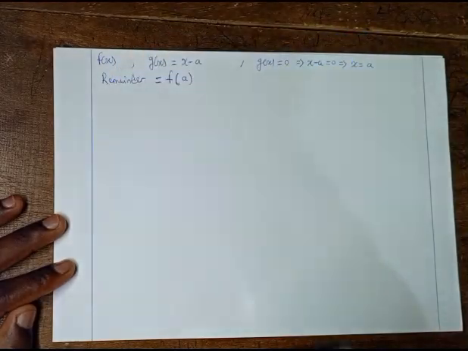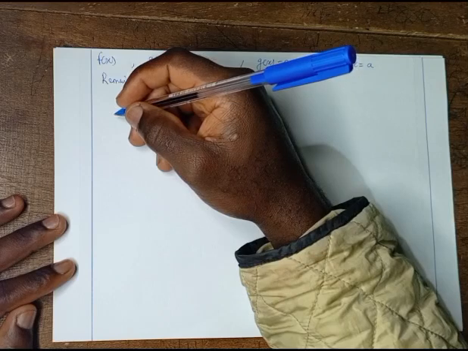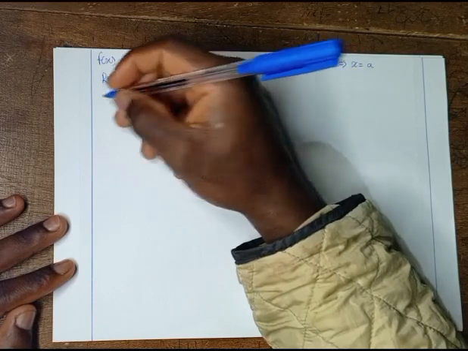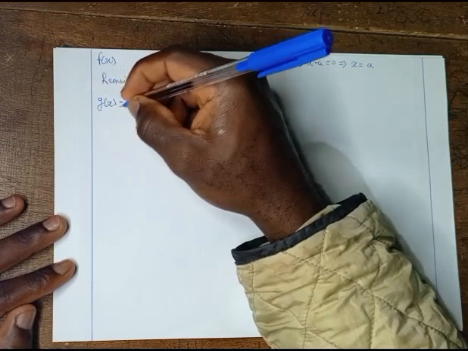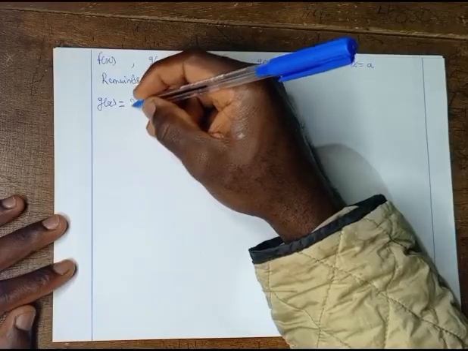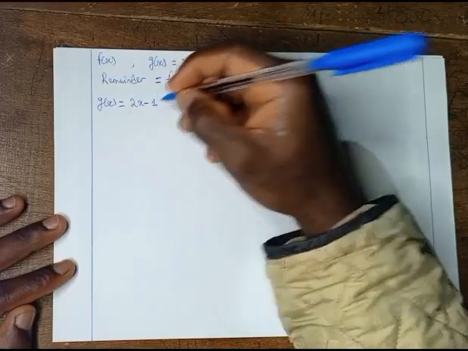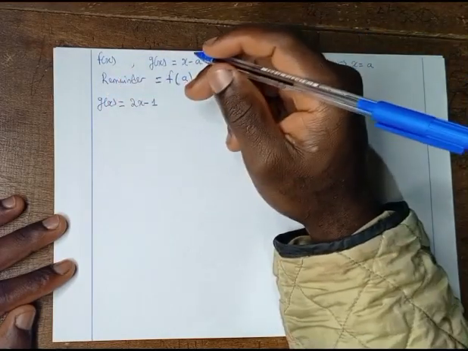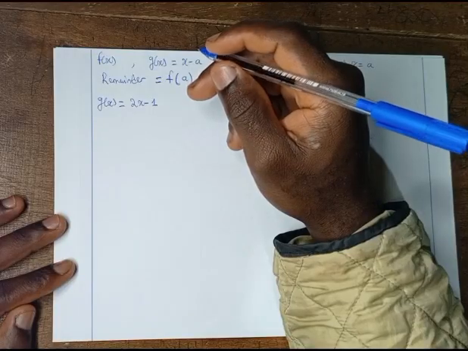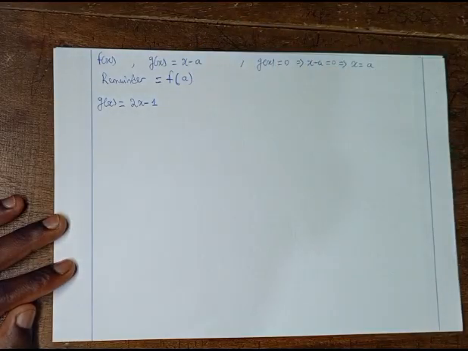Now in this case, we have to find the remainder when the polynomial f of x is divided by g of x, which is equal to 2x minus 1. First, we need to find the value of x to insert in the polynomial function f of x.